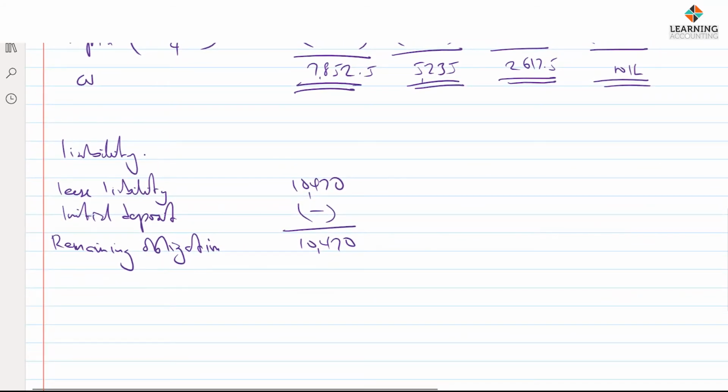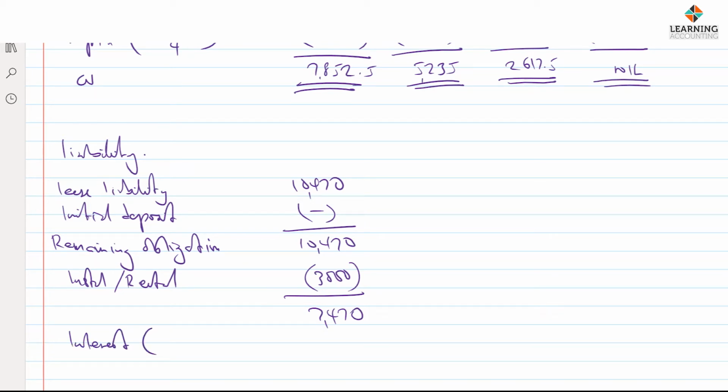At this point, the installment, or you could call it rentals, comes first, which is 3,000, and this gives us 7,470. Then interest comes next: 7,470 multiplied by 10%.